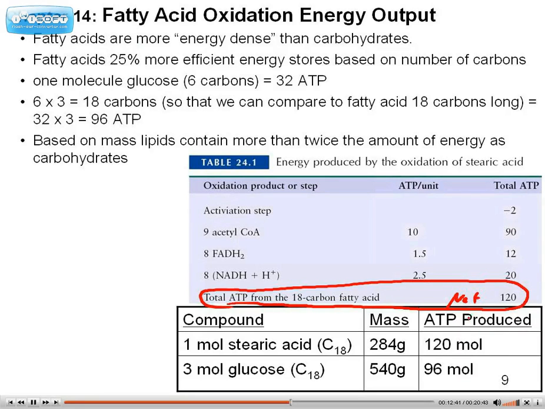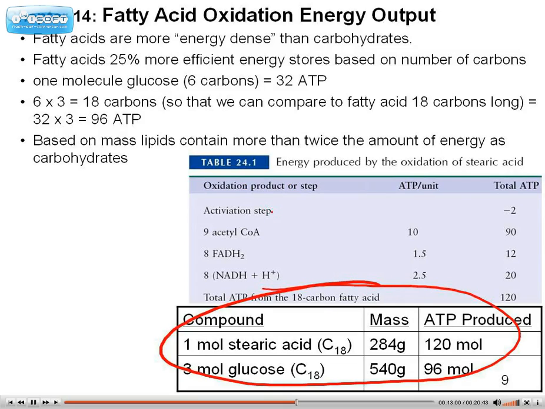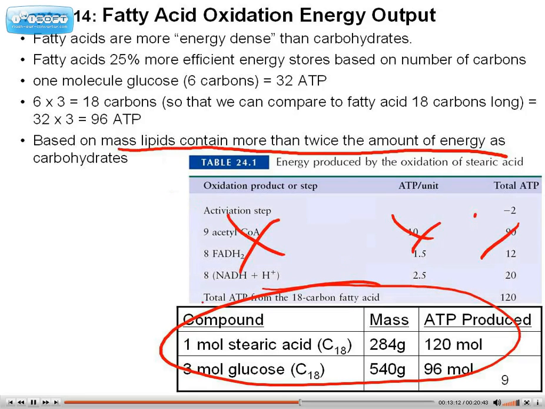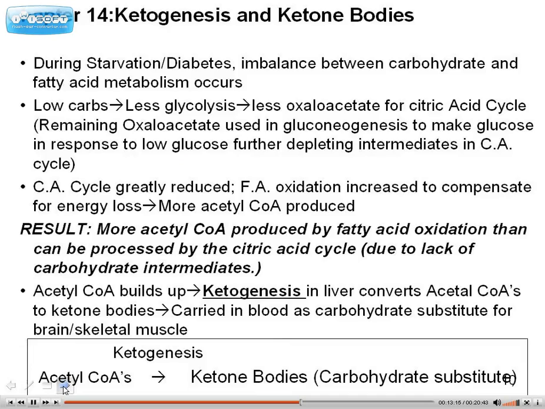Keep in mind it did take 2 ATP to actually get this whole thing started. But as you can see, there was a lot more ATP that was produced in the long run due to all those acetyl CoAs that enter the Krebs cycle. So know this part, and know that it contains twice the amount of energy. So know those right there. I'm not going to test you on this other part right here, and let's move on.